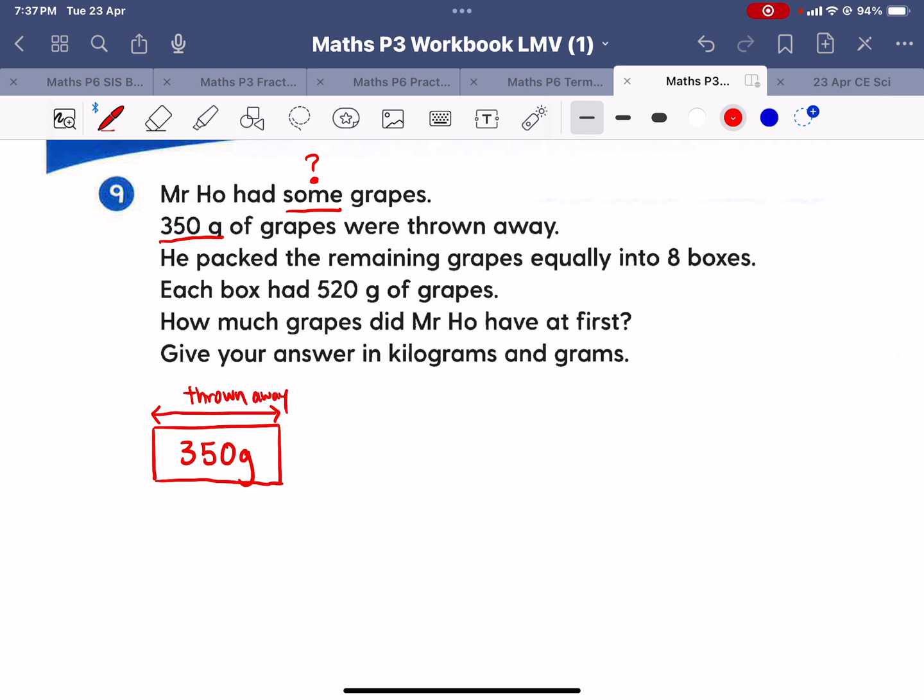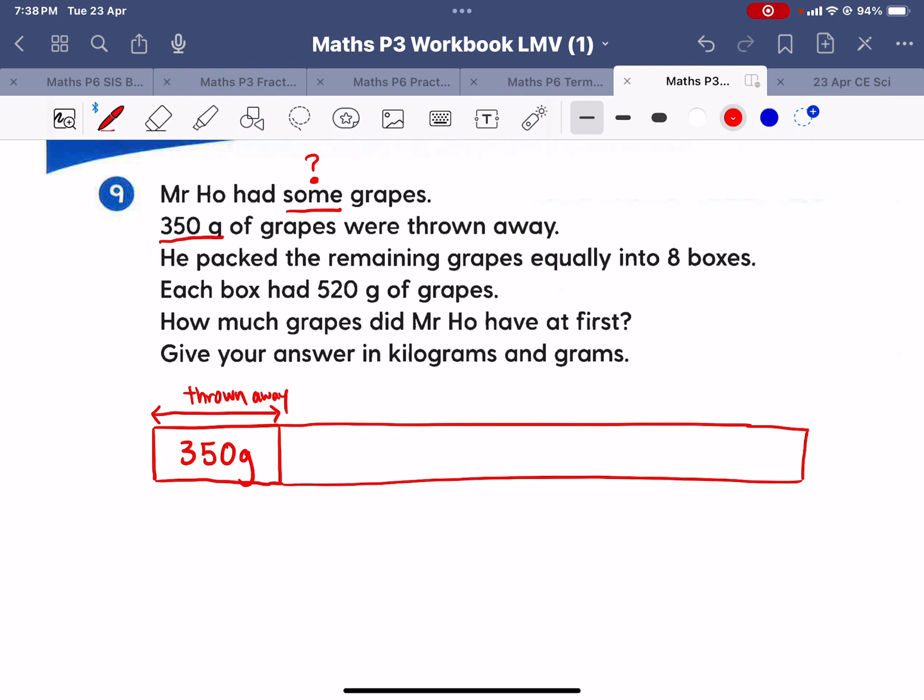Now what happened to the remaining grapes? There are some remaining grapes, which I'm going to draw as a longer box. These are all the remaining grapes. These remaining grapes were packed equally into 8 boxes. When you see this word equally, that means you are expecting to draw units that are equal, right? So into 8 boxes, we are going to show this in boxes.